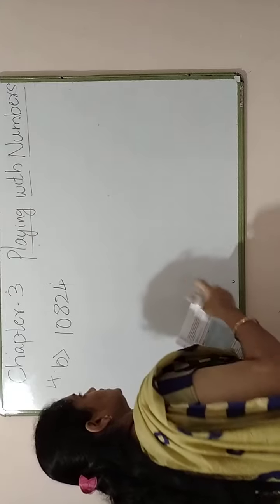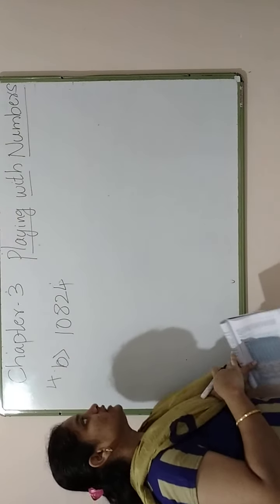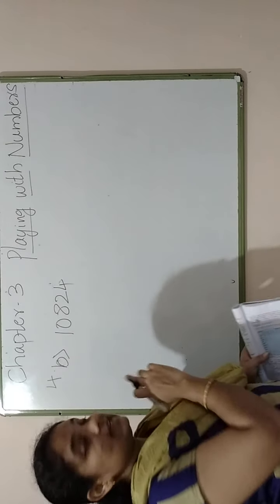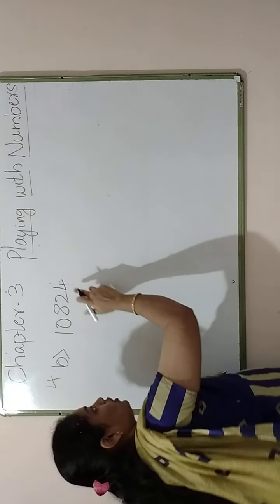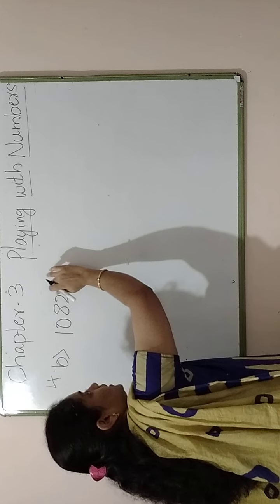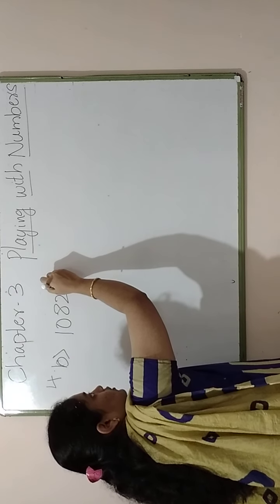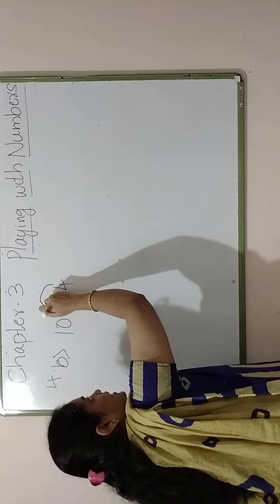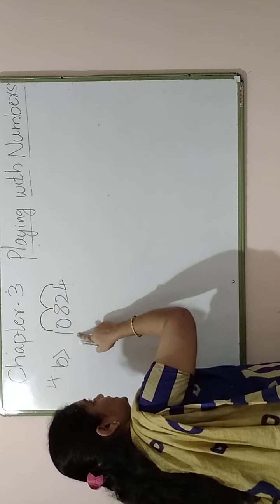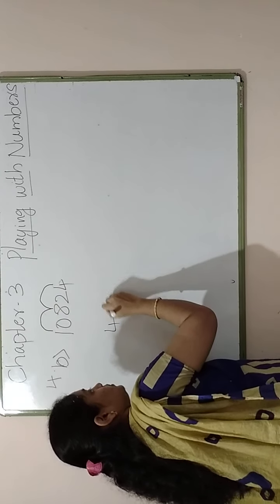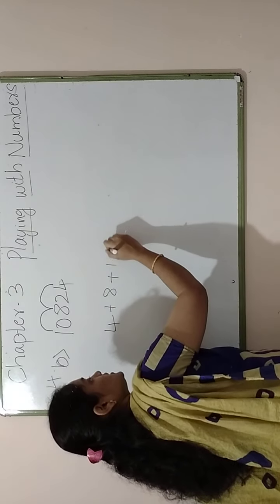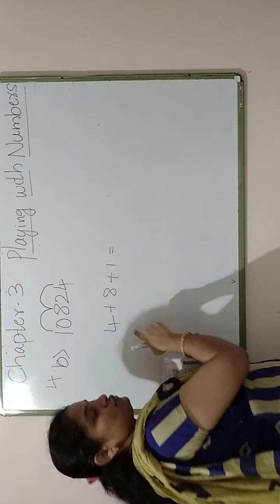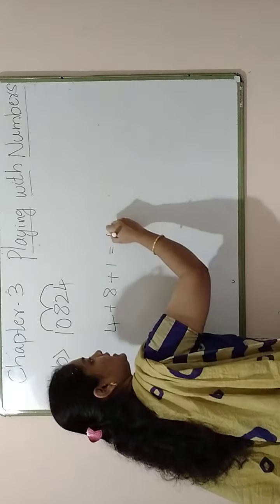Okay, so now the difference between the sum of the digits at the even places minus the sum of the digits at the odd places. Okay, so these are the odd places, 1, 3, 5. So that is 4 plus 8 plus 1, which is equal to 8 plus 4 is 12, 12 plus 1 is 13.